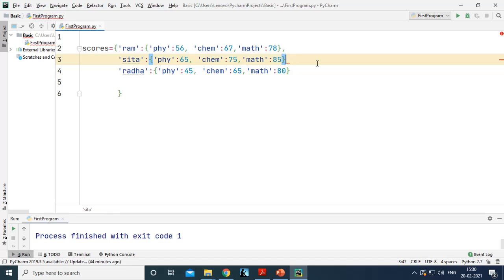I'm giving you a hint of how to solve this problem. First, you take the input of this dictionary. You think about how you are going to take the input of the dictionary based on the class discussions.